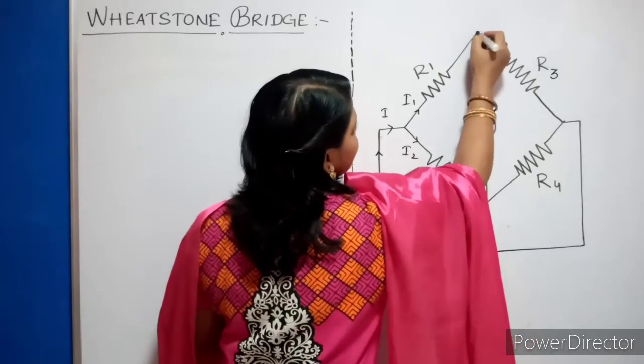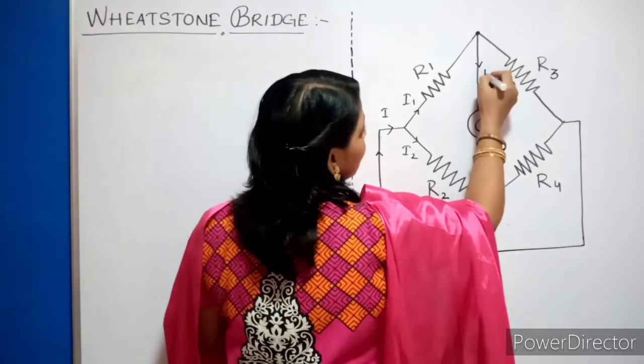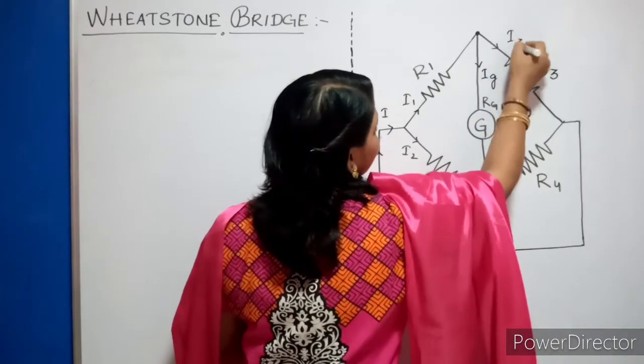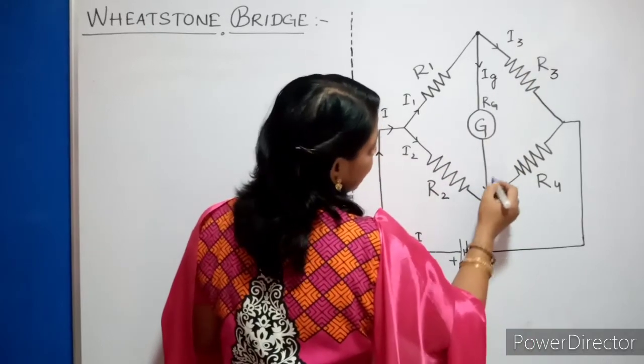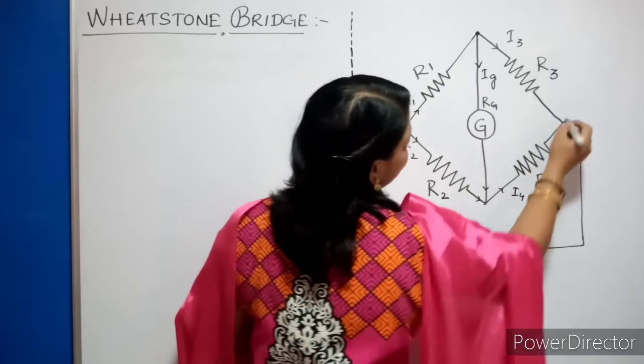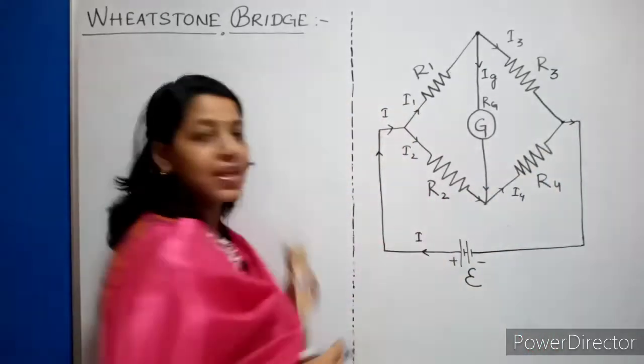Now once it reaches this junction, then again it will divide. Let the current flowing through the galvanometer be Ig, and the current flowing through it be I3. Now the current comes here, let it be I4, and again this current comes out at this point of junction.